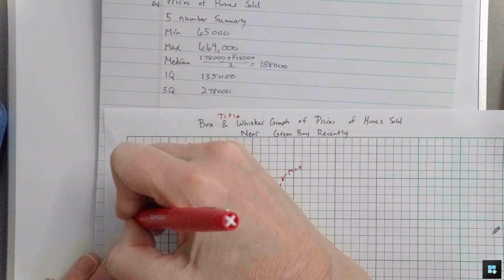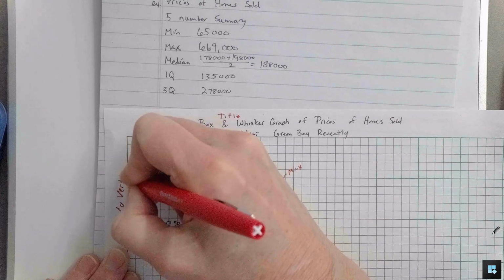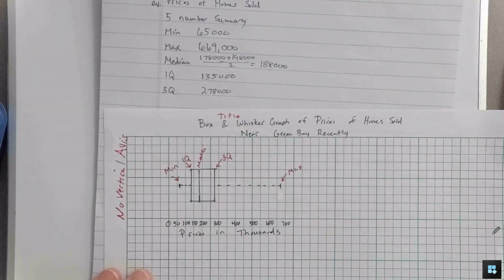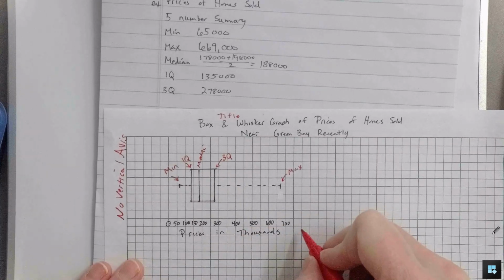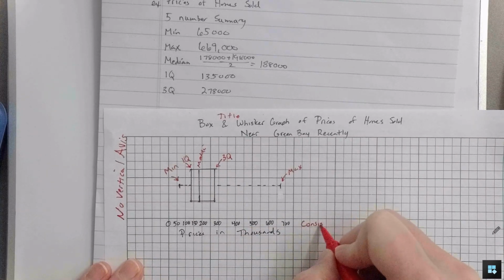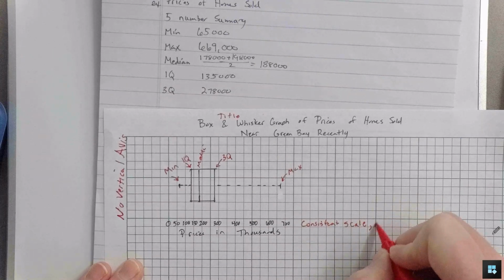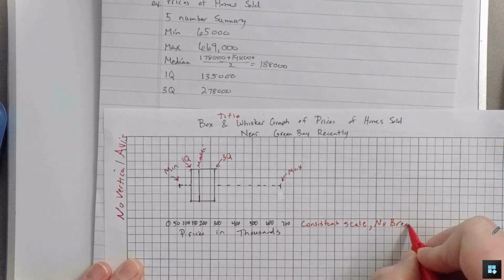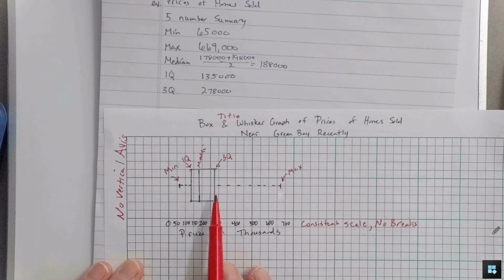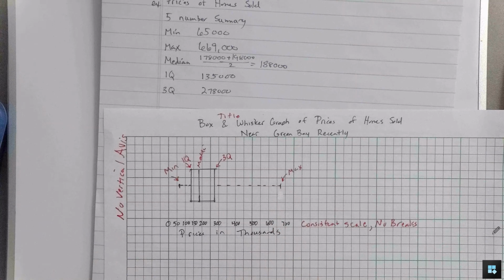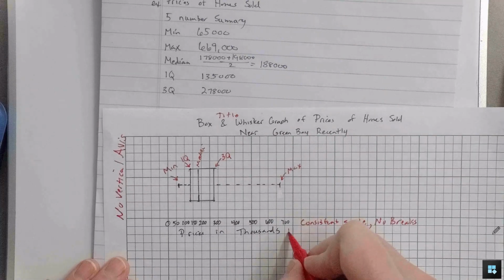We have no vertical axis, and we have a consistent scale. All of these graphs call for a consistent scale, no breaks. You're trying to show that this is a big 25% spread, that it's not all grouped up. That's what you're trying to show. And the title.